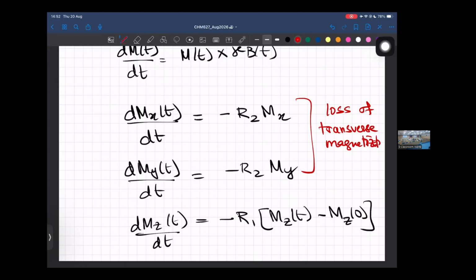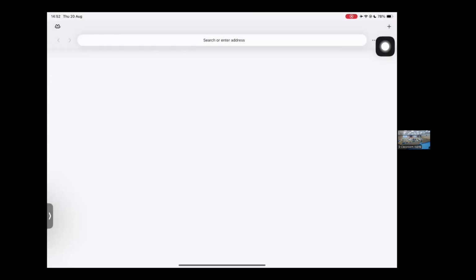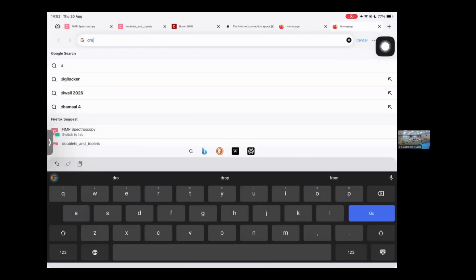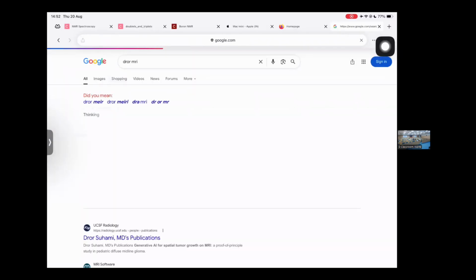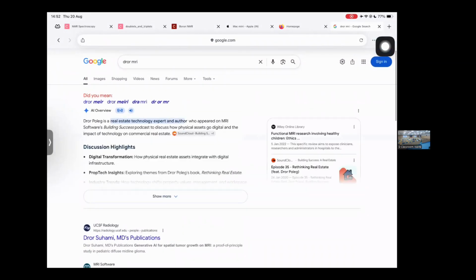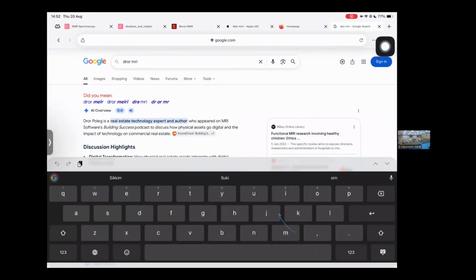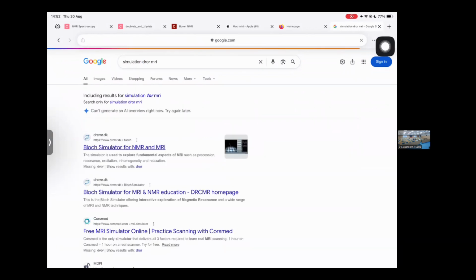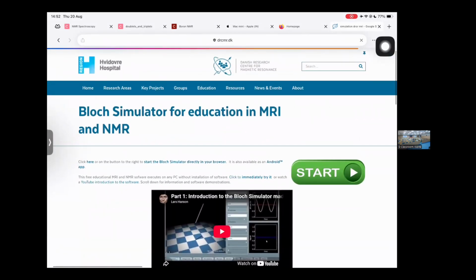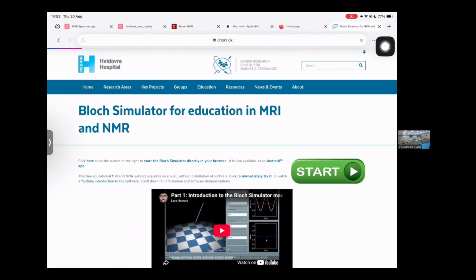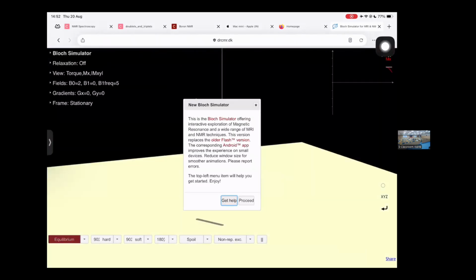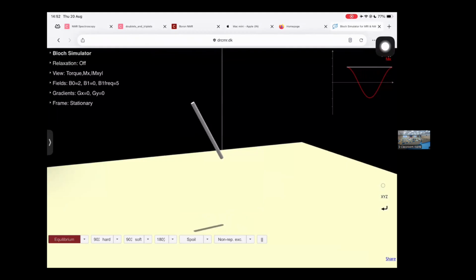Okay, since I promised simulation, let's go to simulation and try to see what happens. I'll share this link. Okay, what you're able to see is a magnetization that's not in thermal equilibrium.